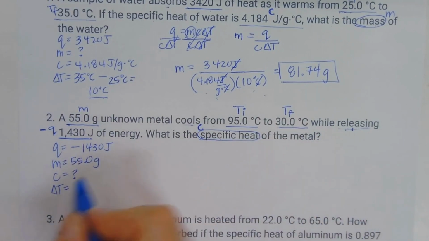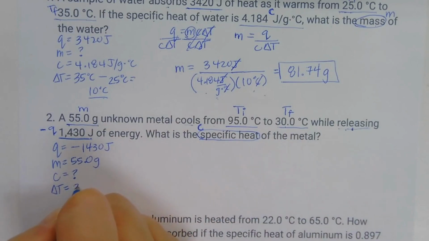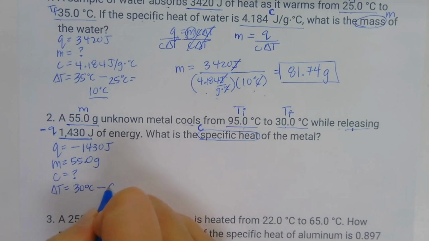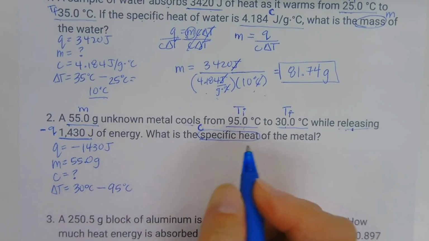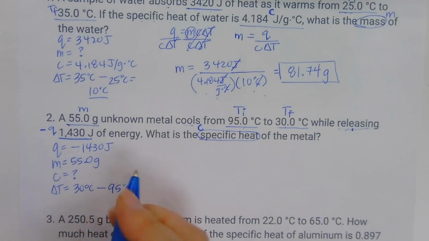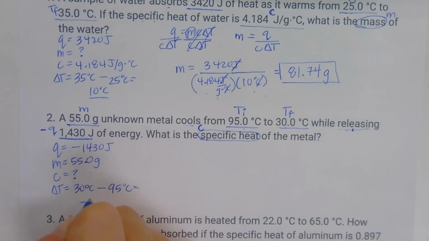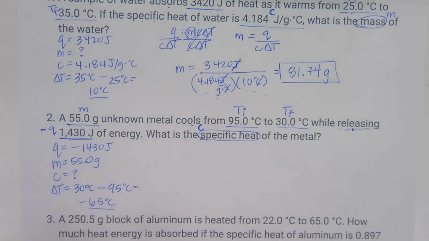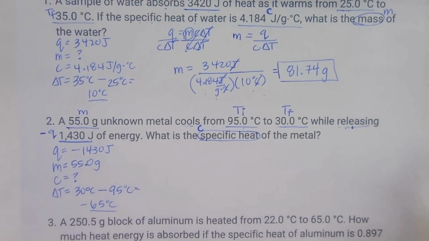And our delta T is our final temperature, so 30 degrees Celsius minus initial 95 degrees Celsius. So 30 minus 95 is negative 65 degrees Celsius. So this is our delta T. And this makes sense because it's cooling down.